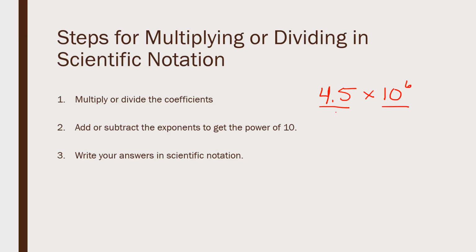Your first step is to multiply or divide these coefficients. Then your second step is to add or subtract the exponents to get your power of 10. And then finally, you want to write your answer in scientific notation. This probably sounds very strange to you right now, but once you start to see the examples, you're going to see it's pretty easy.